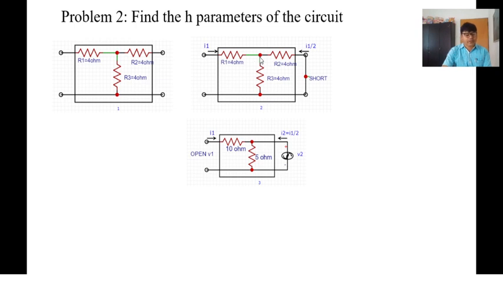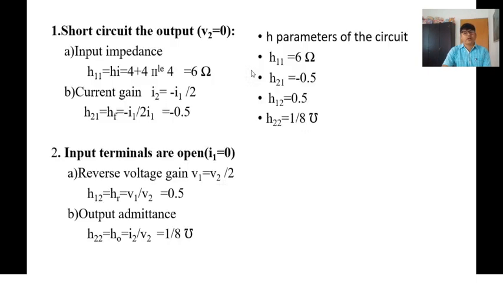It is equally divided, and hence I2 is equal to minus I1 by 2. Hence H21 is equal to I2 by I1, and therefore simply it is minus 0.5.